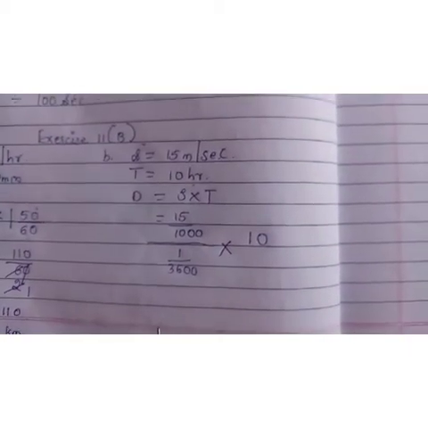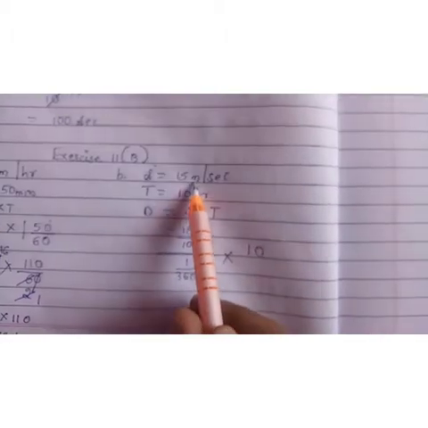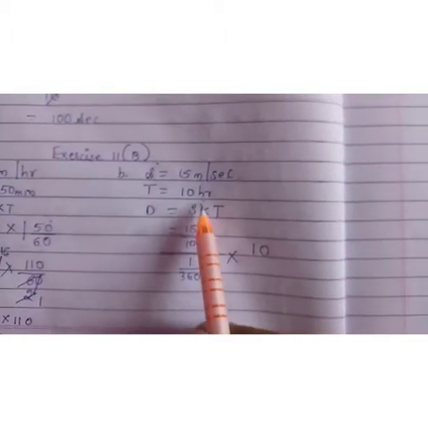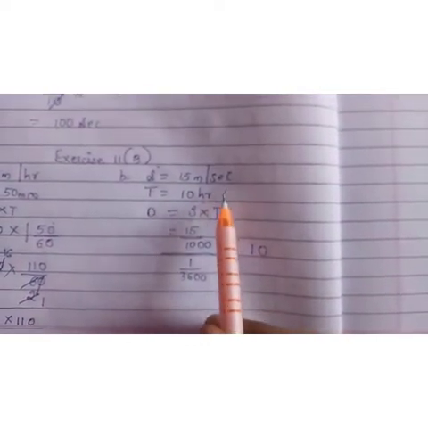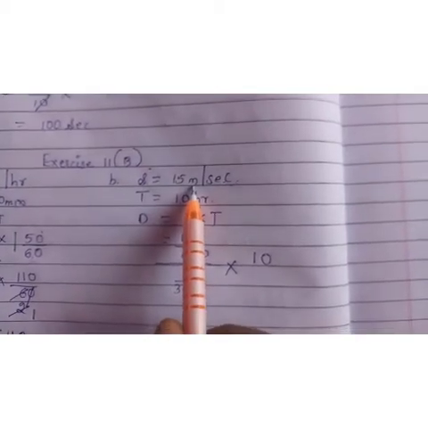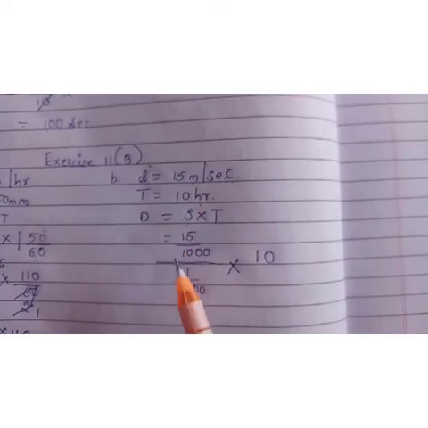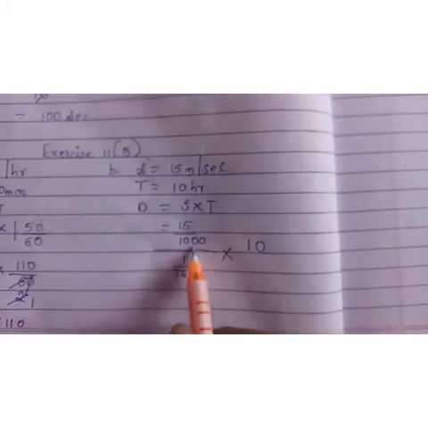Is this step clear? Observe carefully. Speed is given in meters per second and here time is given in hours. So I have to convert this meters per second into kilometers per hour. So for that, when I convert meters into kilometers, 1 kilometer is equal to 1000 meters. So I have done 15 upon 1000.